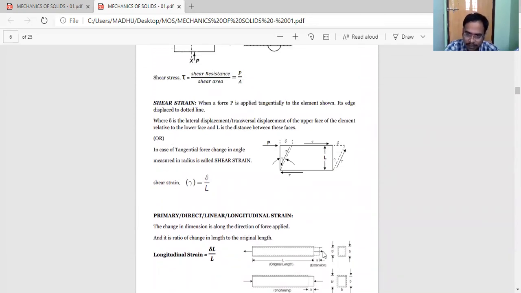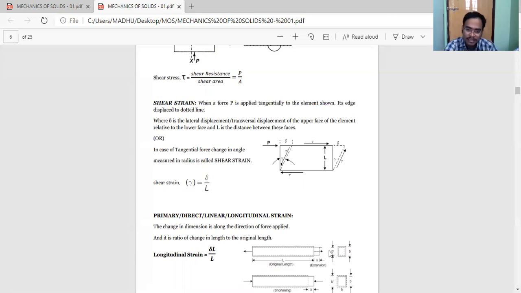The application of this tensile load increases this length but decreases the breadth and depth. These cross-sectional dimensions are decreasing. So the change in these cross-sectional dimensions speaks of secondary or lateral strain.